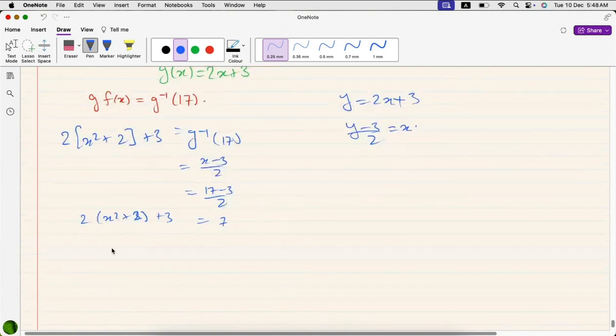So first of all, 3 goes on the other side. This is 2x squared plus 2 is equal to 4. Now we divide this by 2. x squared plus 2 is equal to 2. Now we take that 2. x squared equals 0. So x equals 0.